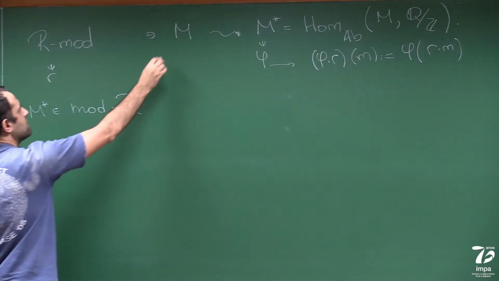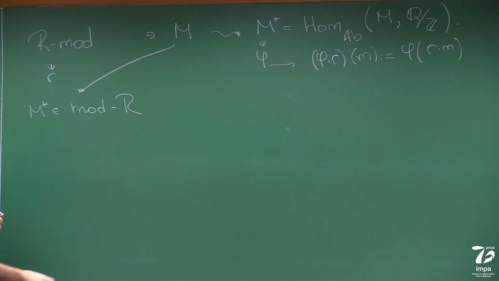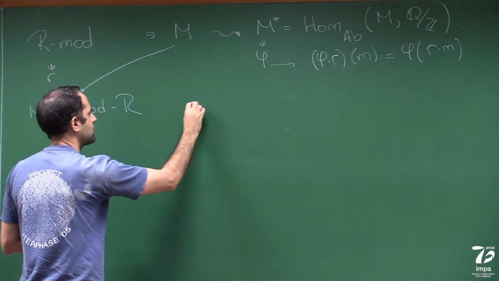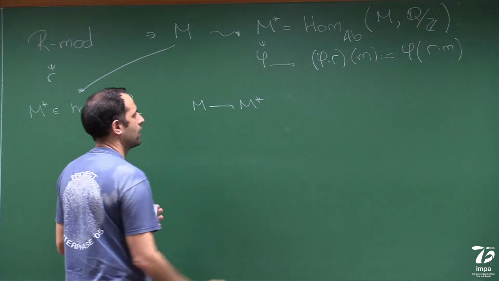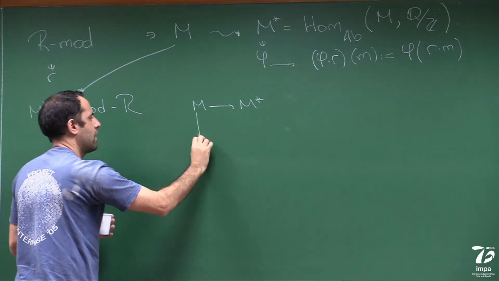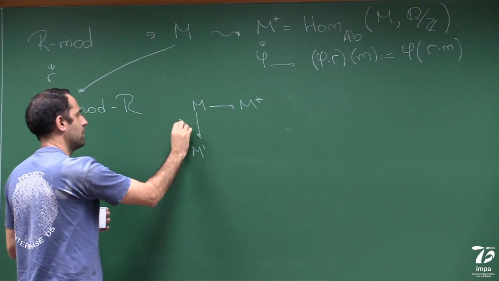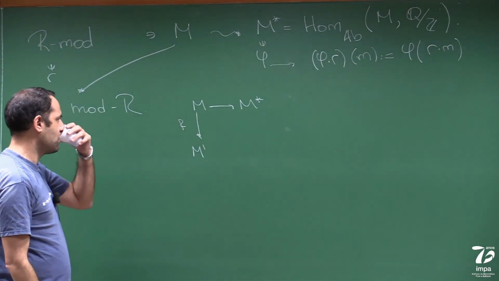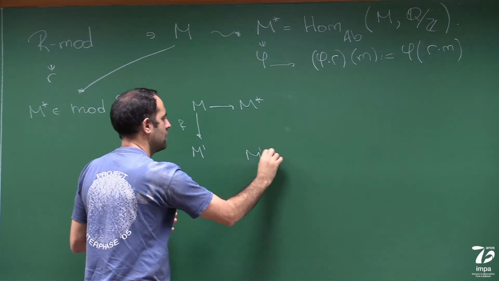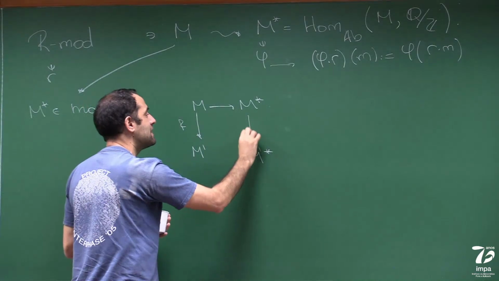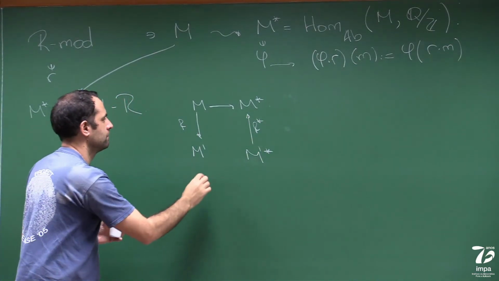And of course, this is a good functor. Namely, if you have a map from M to M prime, then you get the dual of this map, and you get a map this way.